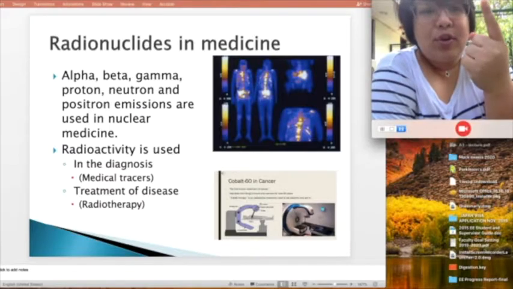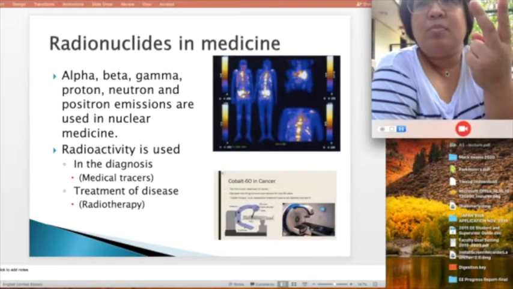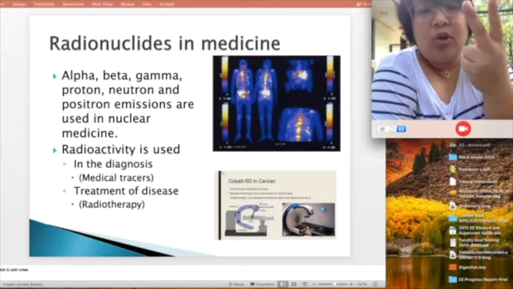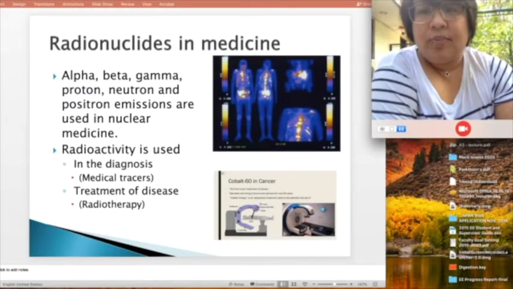Number 1, for diagnosis, so you want to know where the problem is inside the body. Number 2, there's something wrong in the body and you kill it with radiation. So you diagnose or you kill it with radiation.